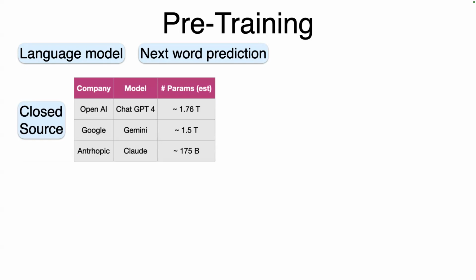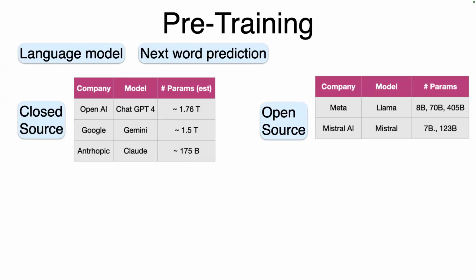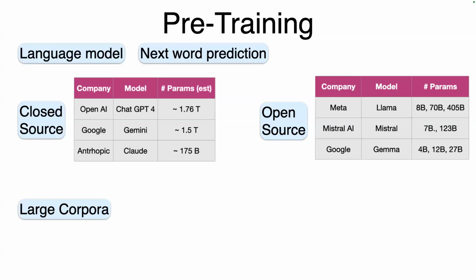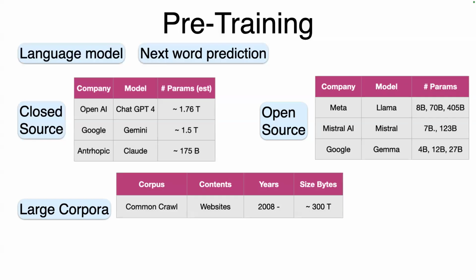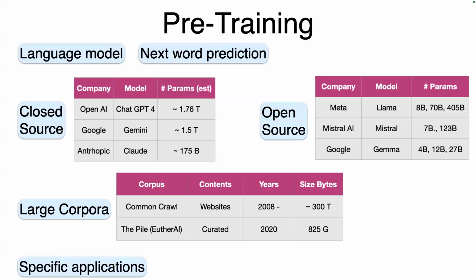So these are the private ones, and then the open source ones still have many parameters, and they're trained on very large corpora, basically anything that one can see, including large corpora like Common Crawl and the Pile and so on.